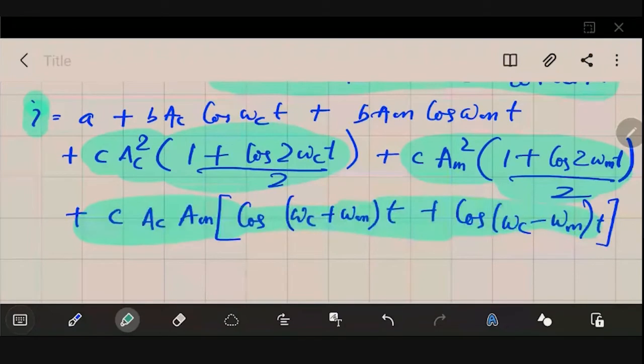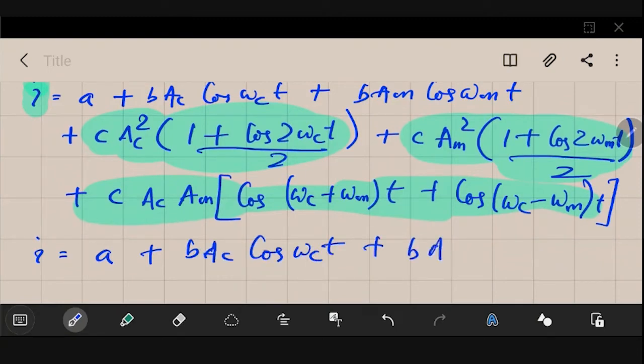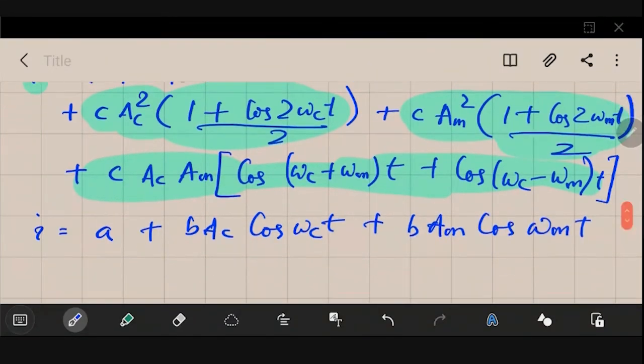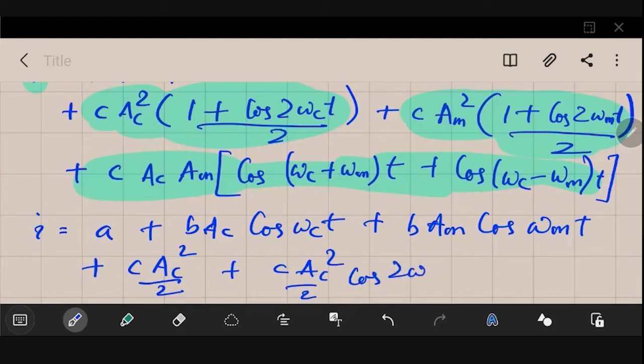So I will write it as I is equal to A plus B AC cos omega ct plus B AM cos omega mt. Then the next terms are that plus CAC square by 2, and then that plus CAC square by 2 cos 2 omega ct.